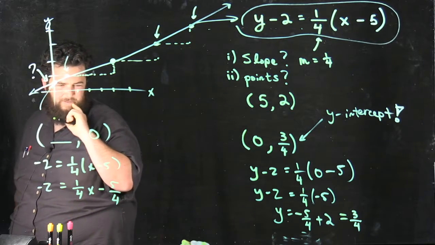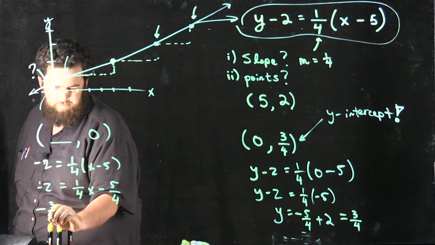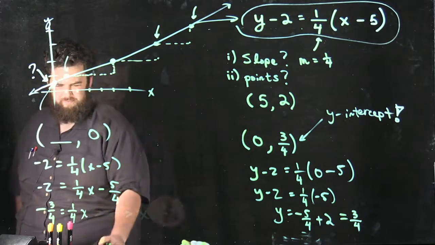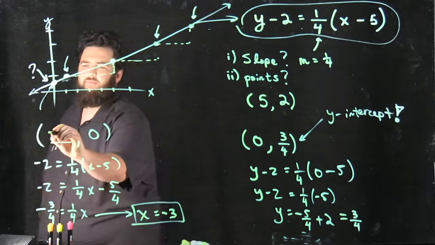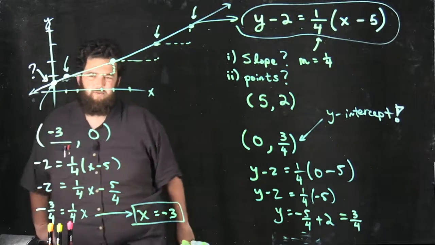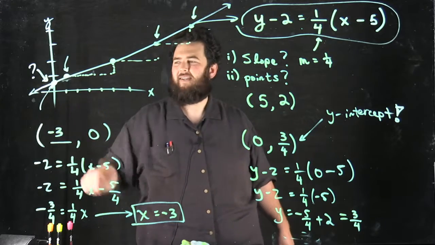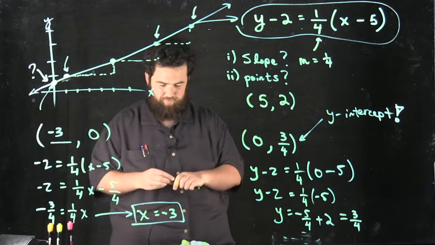Negative 2 plus 5/4 is going to be negative 3/4 equals 1/4 x. So the point -3, 0 also lies on this line, and it happens to be the point where this line crosses the x-axis.